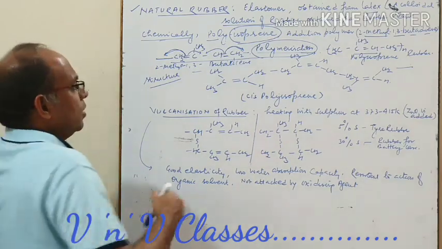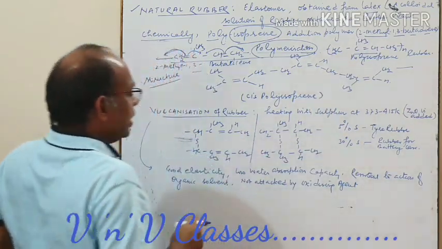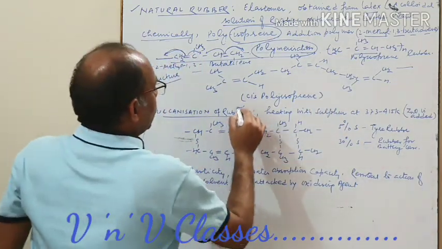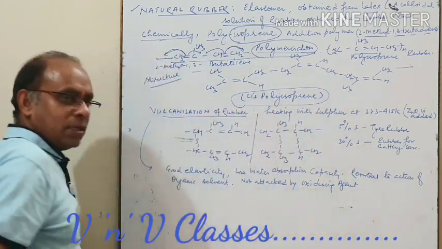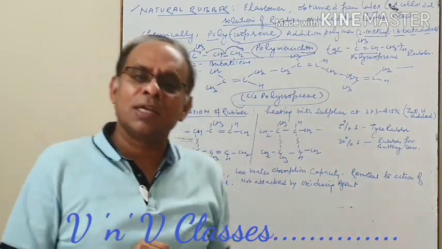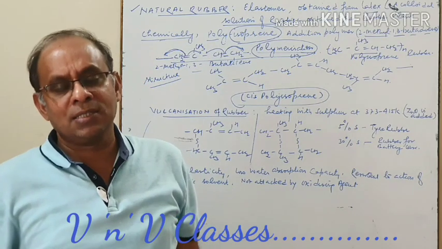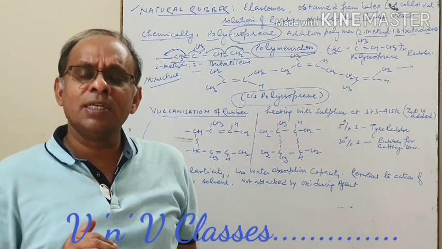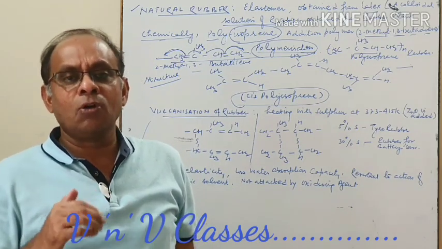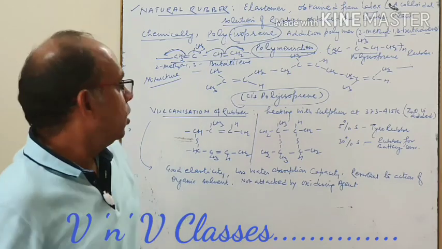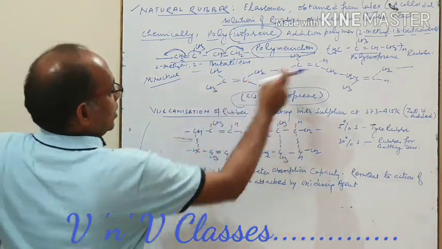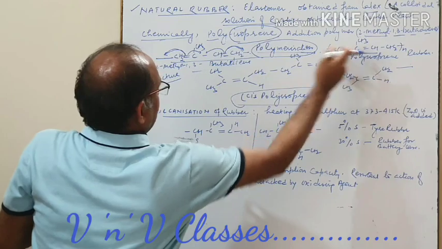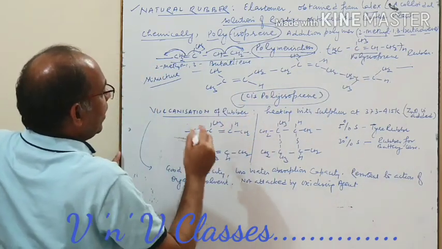So what do you find? This polyisoprene is actually a form of cis polyisoprene. You know cis and trans isomers, you discussed in class 11th. Cis isomer means when two similar groups are on the same side of the double bond. So if you observe, this is isoprene, and on this isoprene what do you find?